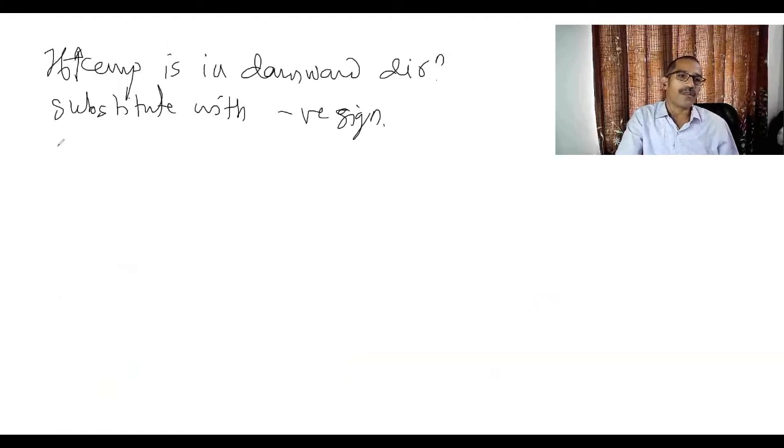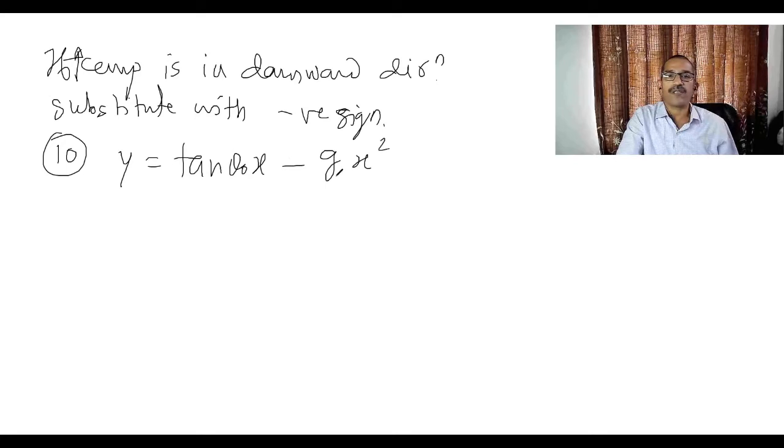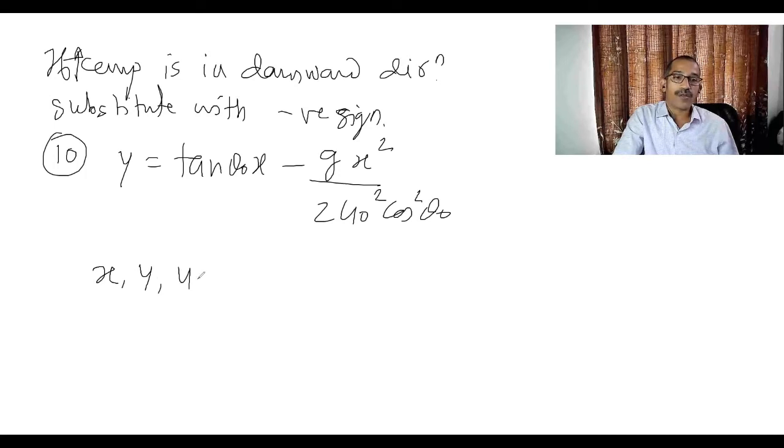Equation of path is y equal to x tan theta 0 minus gx square upon 2u0 square cos square theta 0. That means this equation is in terms of x, y, u0 and theta 0.